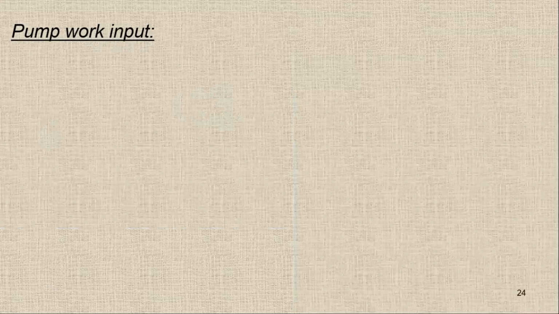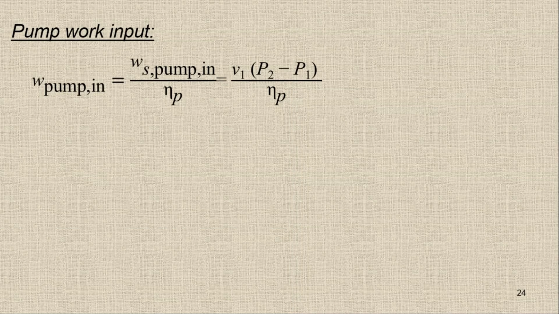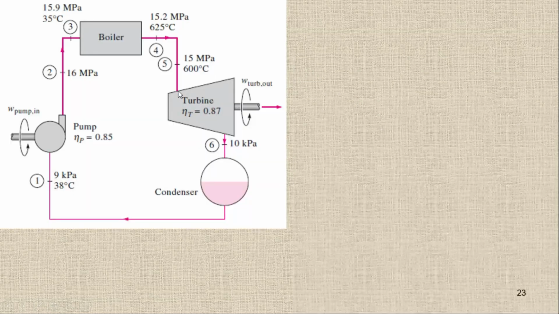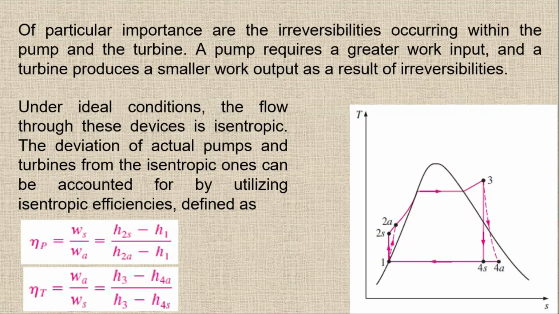Let's first take state number 1. For the work input to the pump, it will be simply the ideal pump work divided by the isentropic efficiency of the pump, as we discussed here. You can see the actual upon ideal is the efficiency, the isentropic efficiency.